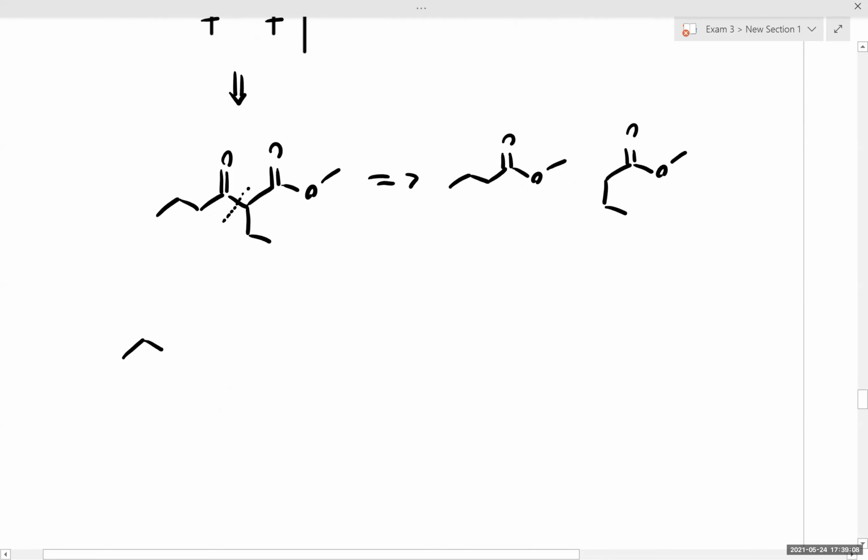From here, we're now going to draw out the forward reaction. So we'll take this methyl ester and treat it with sodium methoxide. From there, that will deprotonate our alpha position.